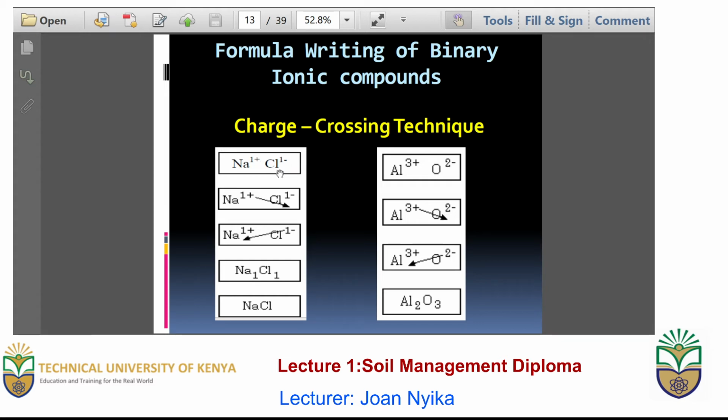This is sodium plus chlorine to form sodium chloride. In the case of aluminium and oxygen, aluminium is just as it is in the periodic table, and oxygen just as it is. When they form an ionic bond, they form what we call aluminium oxide. Look at what we have done to the oxygen. We have removed the last part and added the IDE.